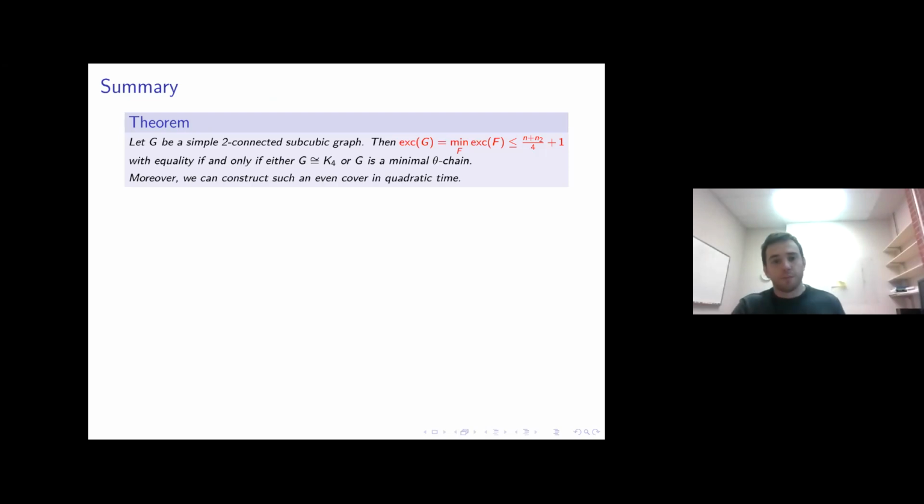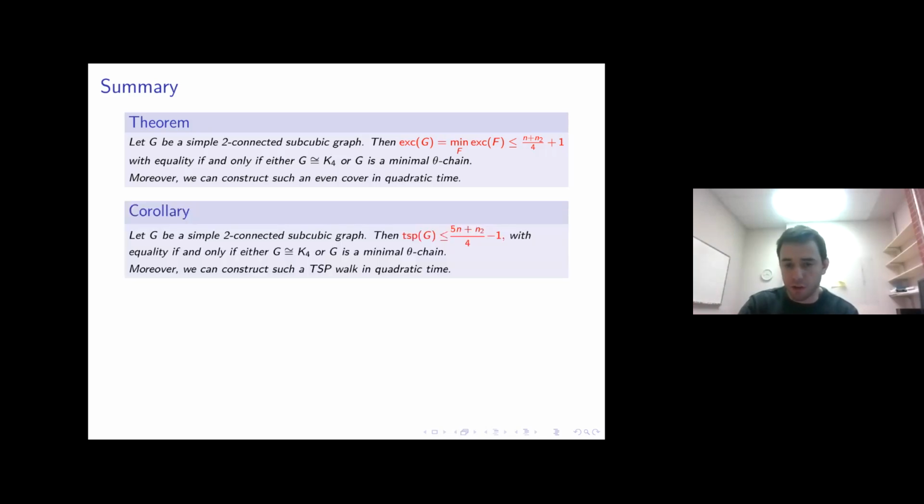Right. So again, in summary, we let G be a simple 2-connected subcubic graph. Then we've bounded the min excess, and we've characterized exactly when this inequality is tight, and we can find the spanning even cover in quadratic time.